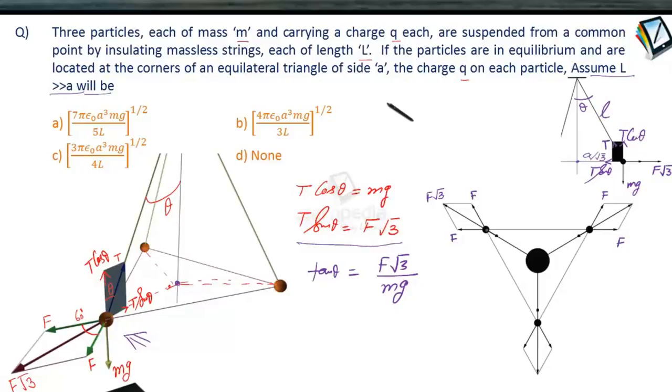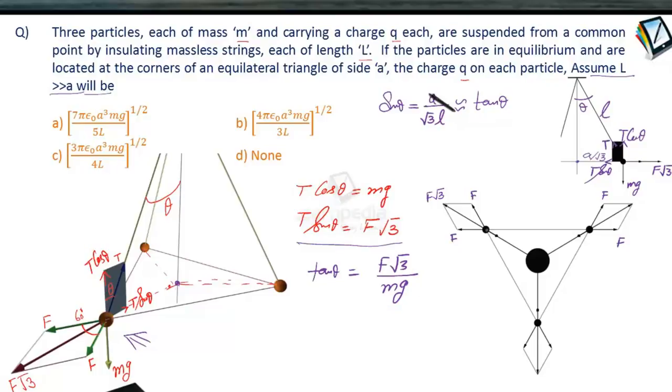So here you can see that sin theta is equal to A divided by root 3 into L. And since L is much greater than A, theta must be a very small angle. So sin theta serves the purpose of tan theta also. Here we can substitute all these values.